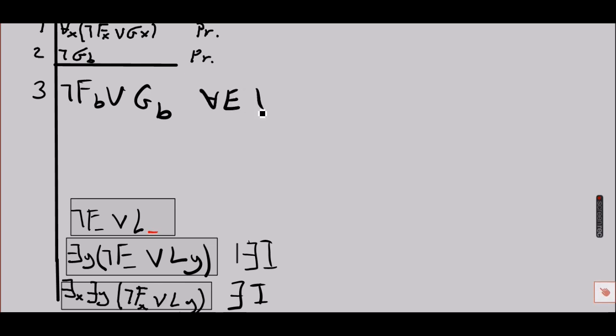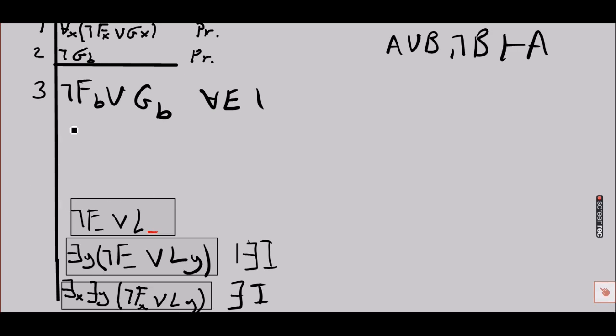Okay, now we can use 2 and 3 together. If you remember, we had a rule in functional logic called DS, or disjunctive syllogism. And the rule was like this: if you have A or B together with the negation of one of the disjuncts, for example, not B, from that you can get the other disjunct, right?